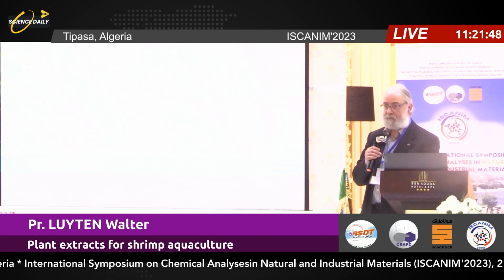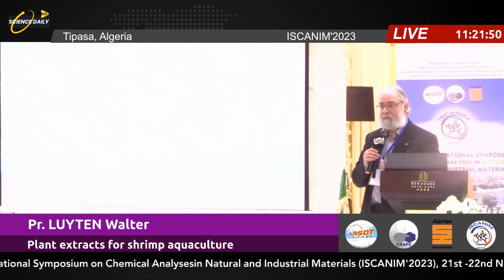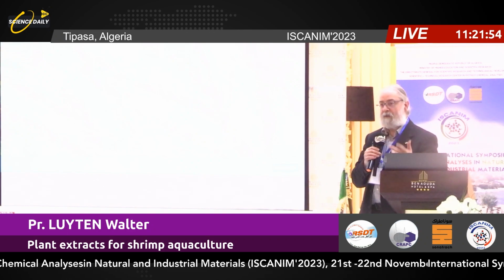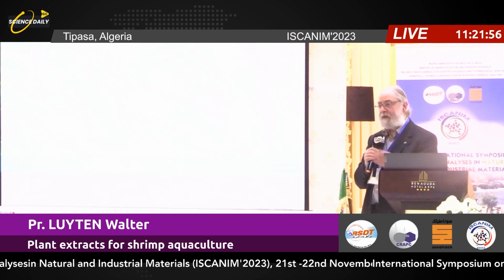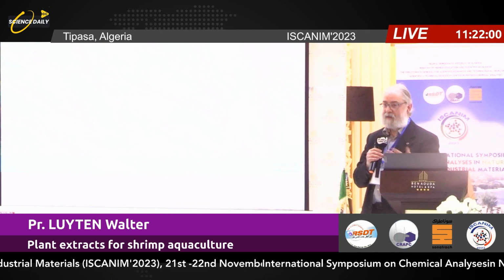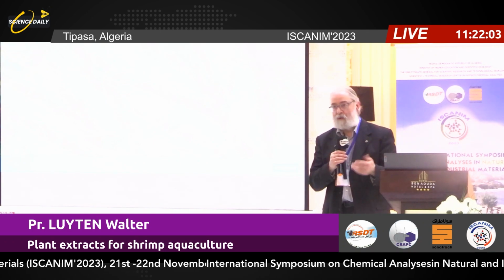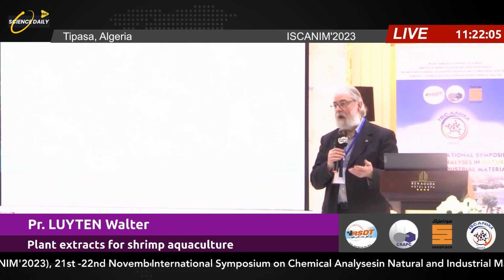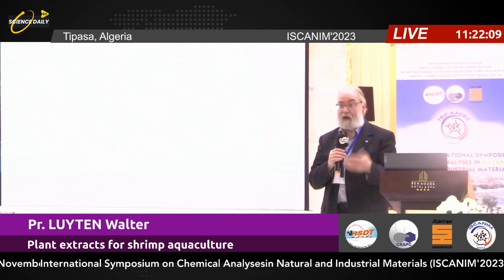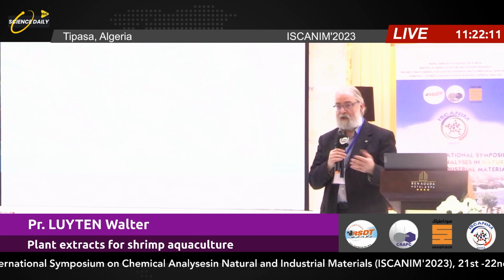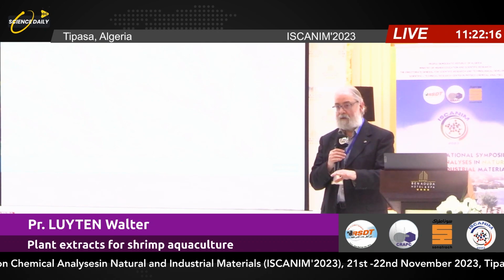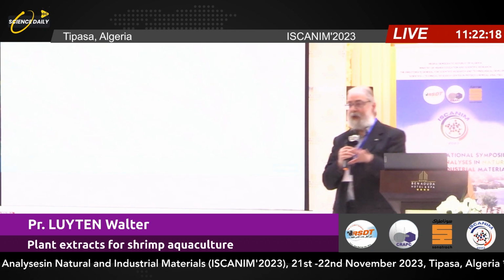So the farmers are, well, let's put it like this. Several of the farmers are open to the idea of using alternatives to traditional antibiotics, because antibiotics for them are also a significant cost, and the antibiotics are also not without risk, and so it depends a little bit if they are cultivating shrimp for the export market.